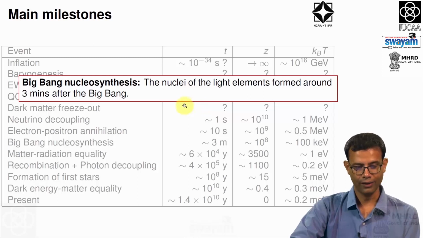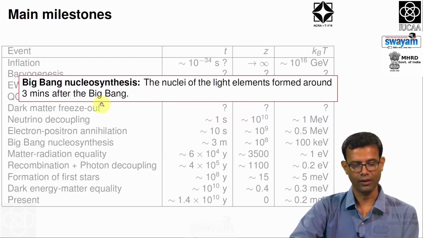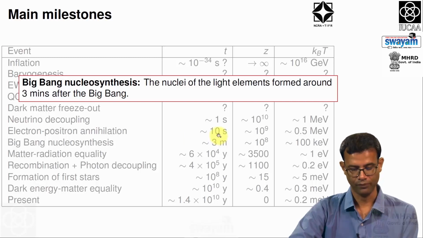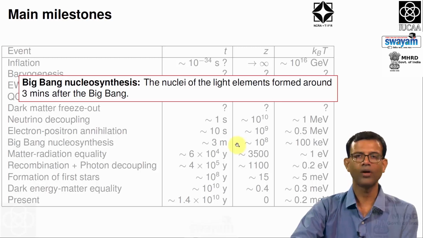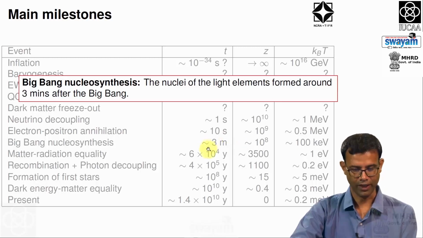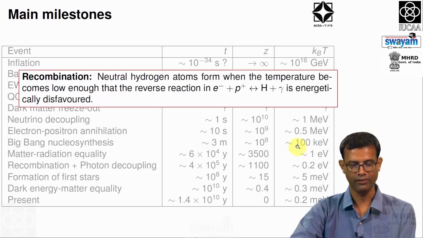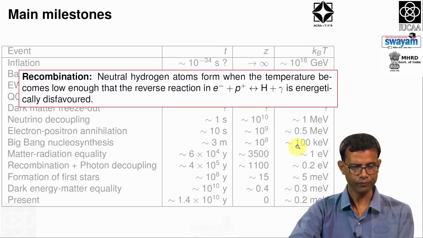So, you have to wait till 3 minutes after the Big Bang till this nucleosynthesis happens. This is the time the first nuclei in our universe form. Again remember the time, roughly 3 minutes, a few hundred seconds after the Big Bang. The energy scale we are talking about is a few hundred keV, sub MeV scales.